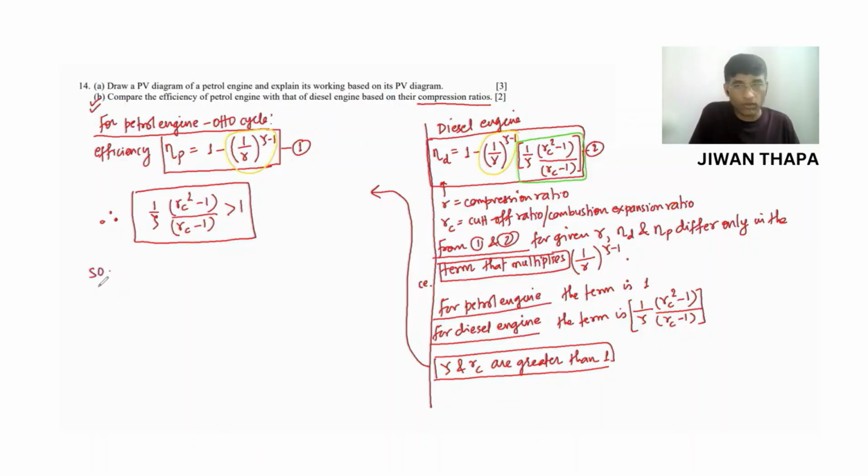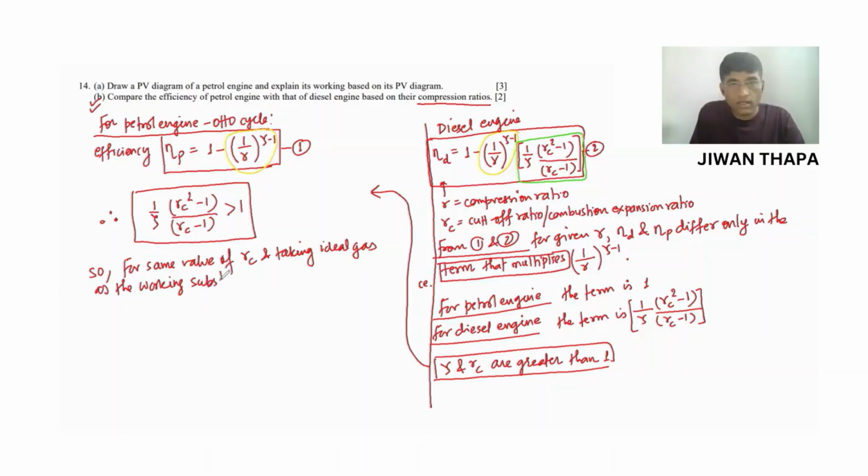Therefore, for the same value of rc and taking ideal gas as the working substance, when we compare equations 1 and 2, the efficiency of diesel is less than the efficiency of the petrol engine, since this term is greater than 1.